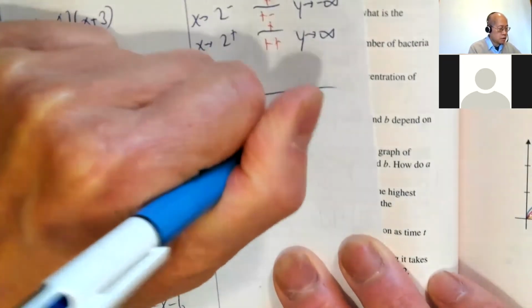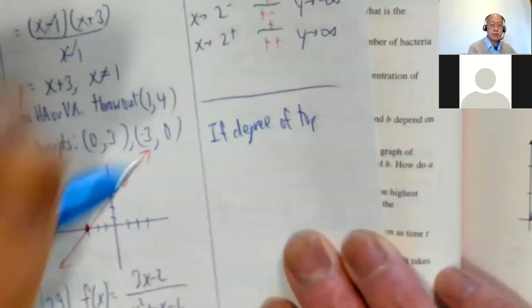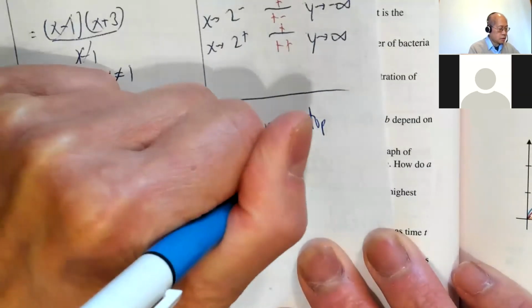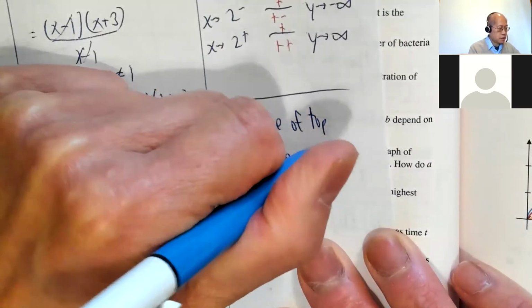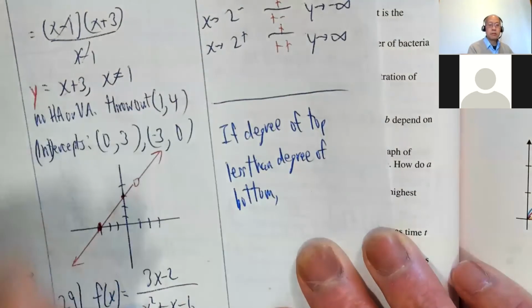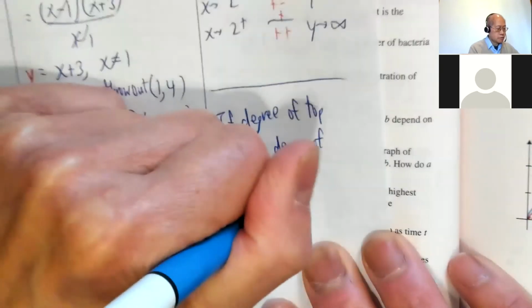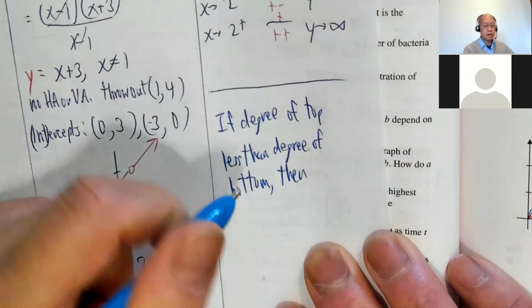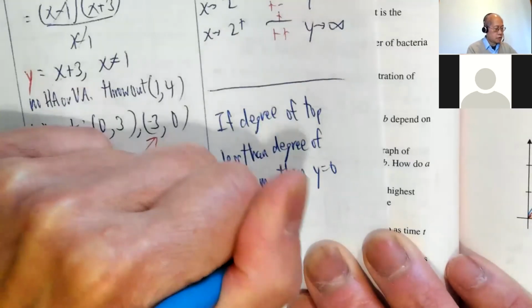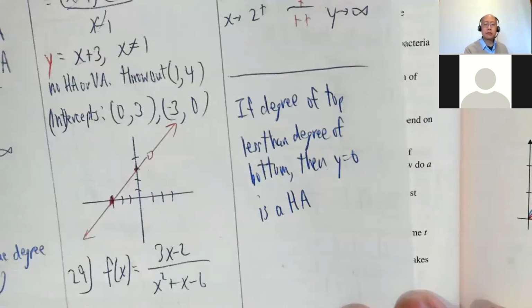So if the degree of the top is less than the degree of the bottom, you could say numerator, denominator, then y = 0 is a horizontal asymptote automatically.